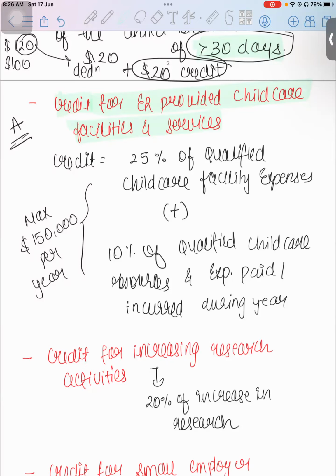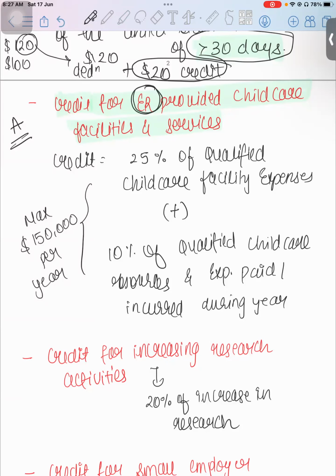Let's say your office has eight floors. On the first floor you have a childcare facility, and on the fourth or fifth floor you are working, so you are in the same place along with your child, but that childcare facility is totally provided by the employer. Or, for example, the location may be at some other place, but the expense of that childcare facility is incurred by the employer. So it's a benefit which is provided by the employer.